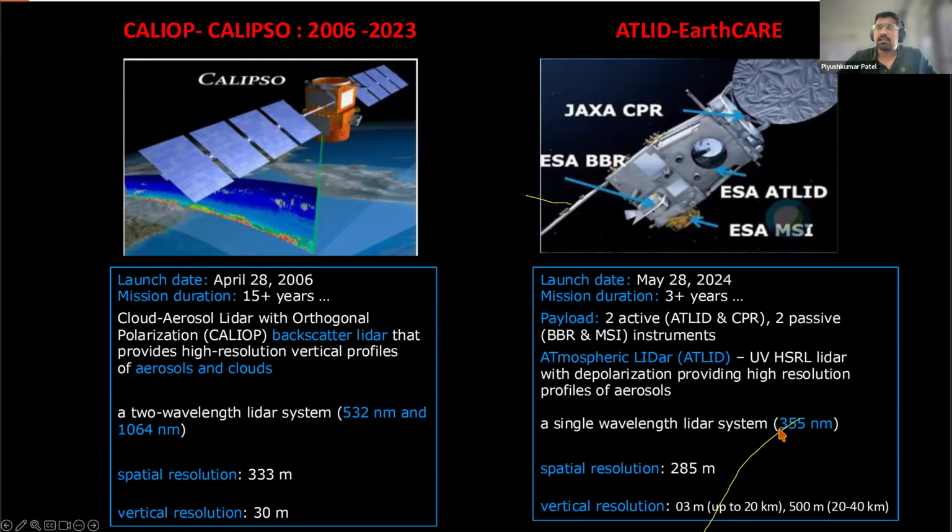Another thing is that it only has one wavelength, which is 355 nanometers, which is very sensitive for the measurement of aerosol particles. So the advantage is a good wavelength for aerosol retrieval, but only one. That is a disadvantage. And spatial resolution wise, they are more or less similar.